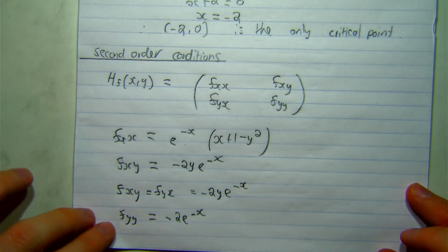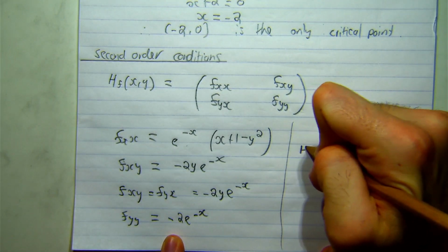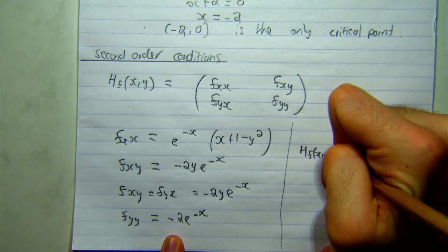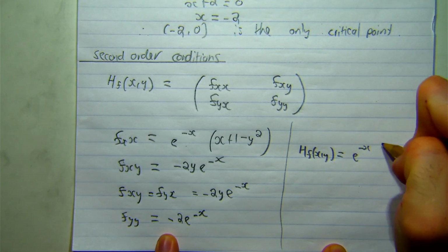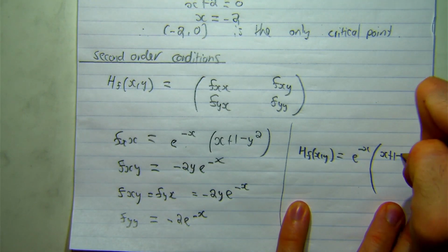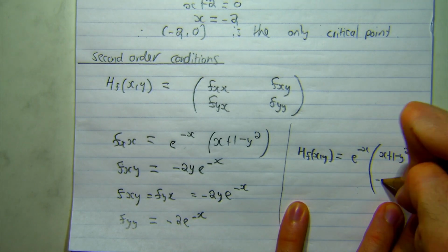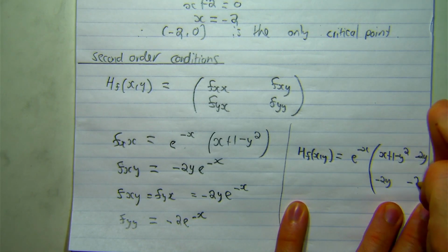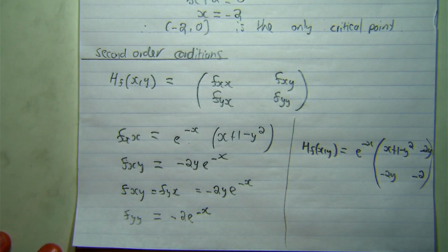Okay, and now that we have all of those, our Hessian matrix, we can factor out e to the minus x and then plug in everything. We've got x plus 1 minus y squared, minus 2y, minus 2y, minus 2, which gives us this.